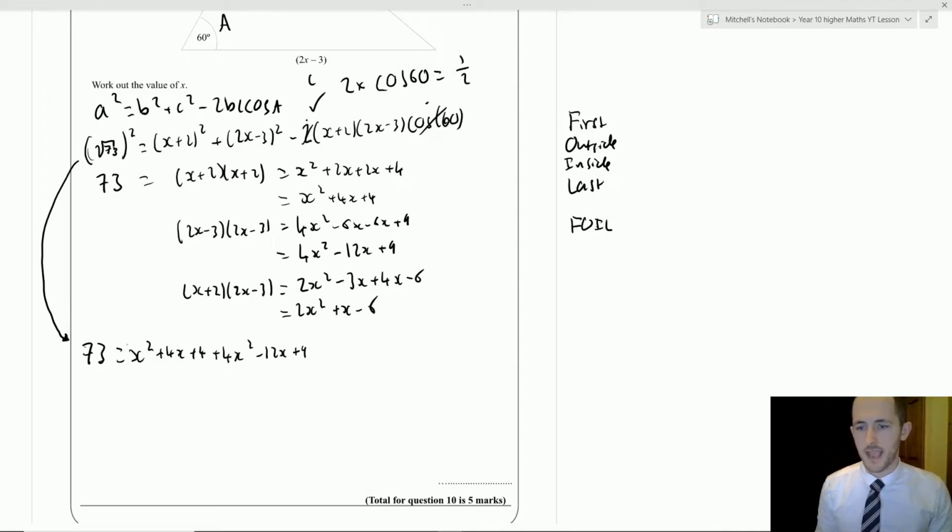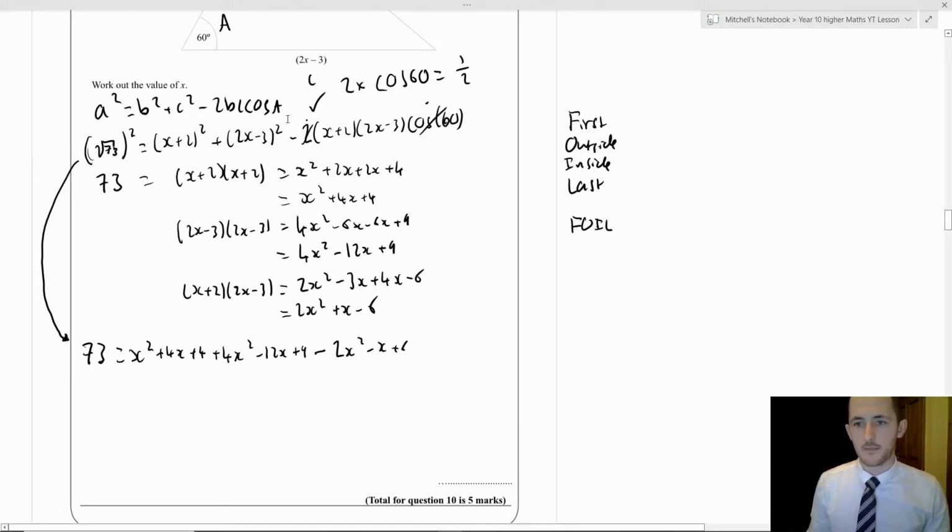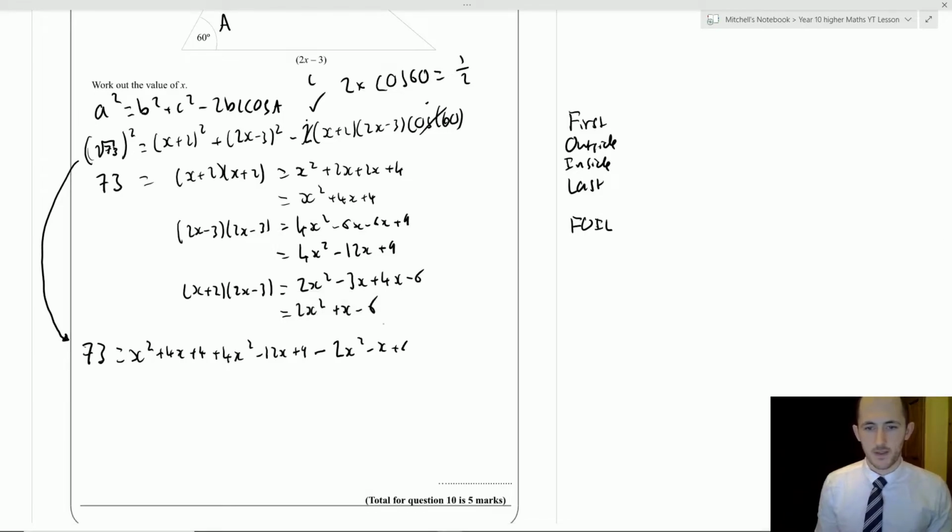And that last bit on the end, bear in mind there's a minus sign, so I have to change the sign of all of this to make it minus 2x squared minus x plus 6. So just to go over that one more time, even though I cancelled the 2, there's a negative sign. So everything in this bracket that I worked out has to change sign. Okay? So let's simplify this a wee bit.